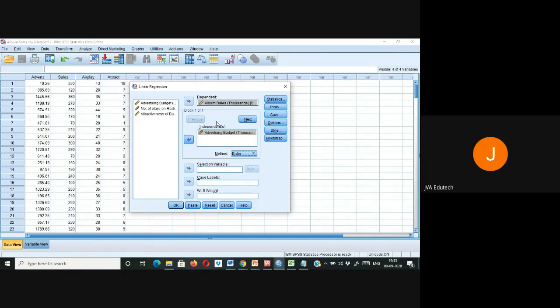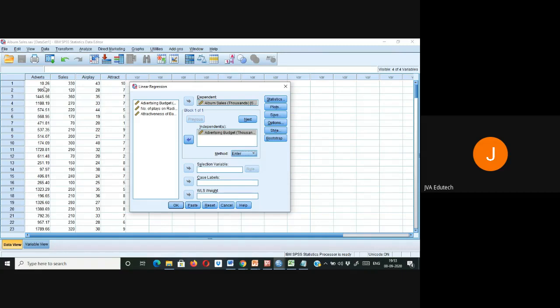Now either we can check for all the assumptions, or suppose this data is not meeting our assumptions of, let's say, homoscedasticity or normality, then can't we predict the sales based on the advertising? See, the only method of predicting sales based on the advertising is regression.